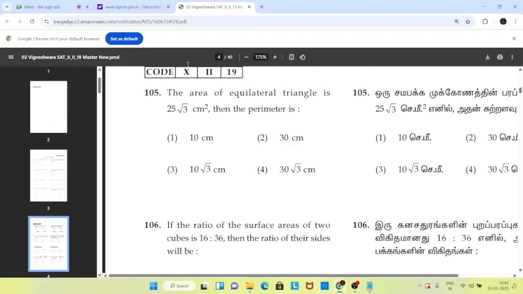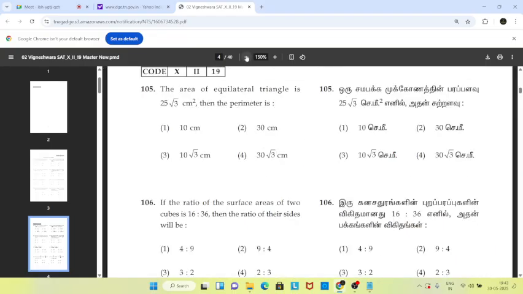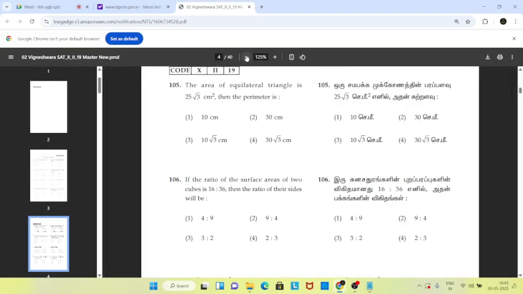Okay, this one, 106. Can you read? If the ratio of the surface areas of two cubes is 16 is to 36, then the ratio of their sides will be?